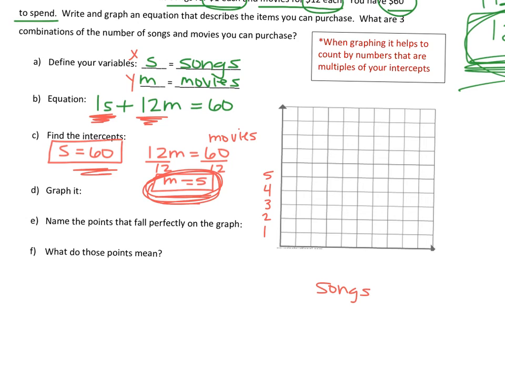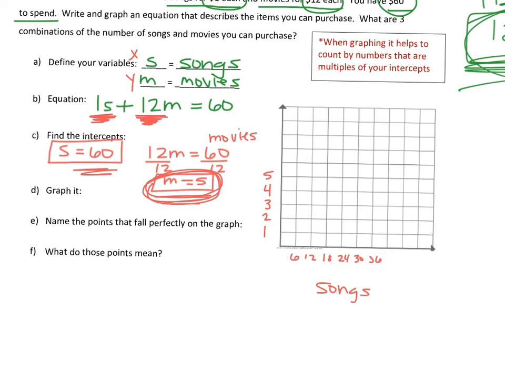I would not count by tens just because we're changing by 12. Okay, I'm going to count by sixes because 6, 12, 18, 24 is going to hit those 12 markers, but kind of space out our graph a little more. So we're going to go 6, 12, 18, 24, 30, 36.